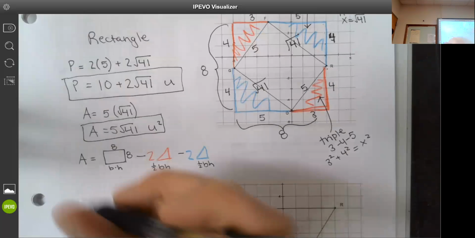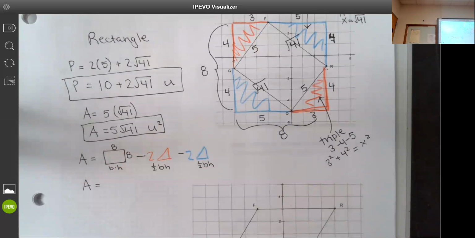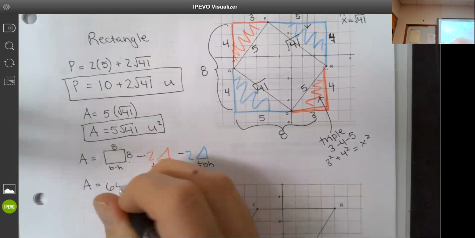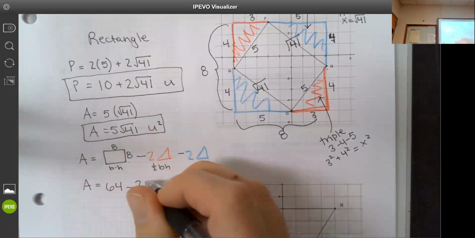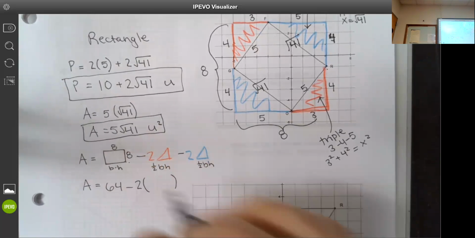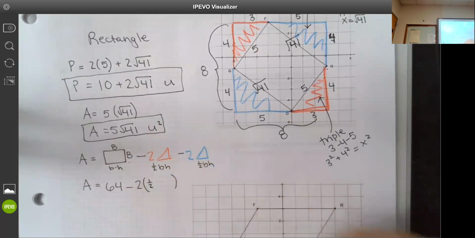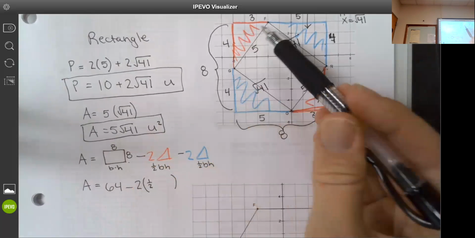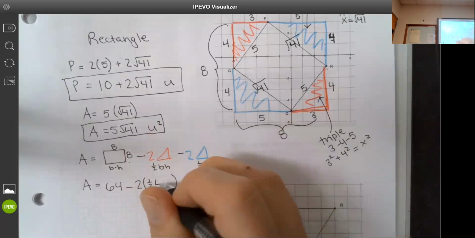Then I can say, well, my area here is going to be 8 times 8, which gives me 64. Subtract 2 times 1/2 red, so 4 times 3, base times height, these flat lengths.